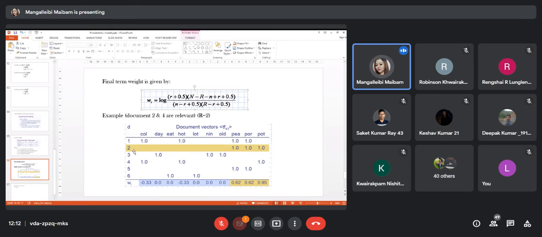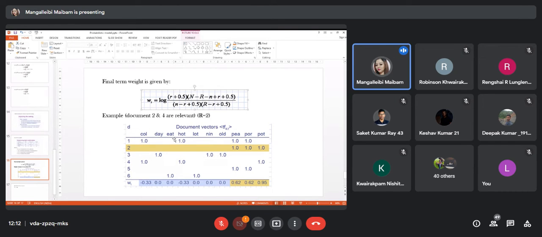So here also it is given document 2, which is highlighted in yellow color. It is the relevant document. So our capital R will be 1 in our calculation. In case I say document 2 and document 4 are relevant, then our capital R will be 2.